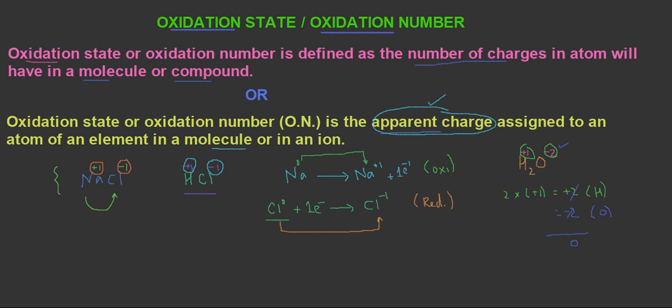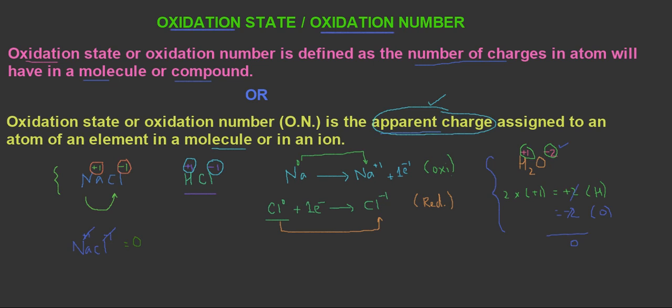So what does this mean? It means that a molecule as a whole is always neutral. Water is a neutral molecule. In the case of sodium chloride, as we discussed earlier, the oxidation state of sodium is +1, while for chloride it is -1. So +1 and -1 cancel out, and as a result you will get 0.